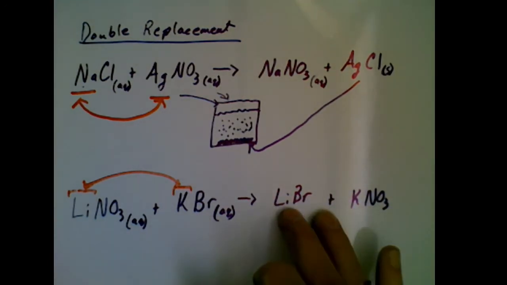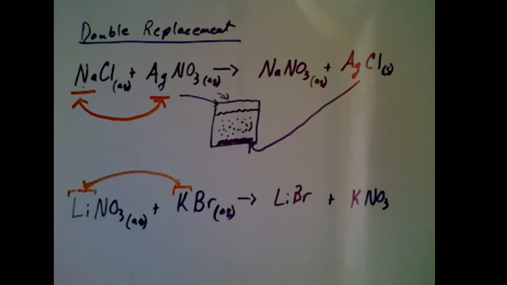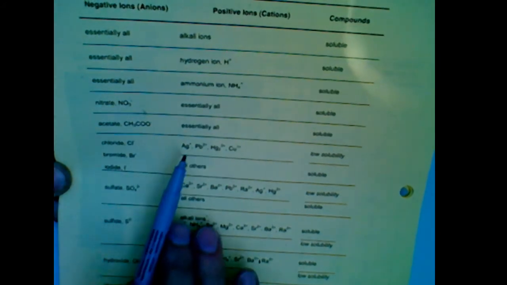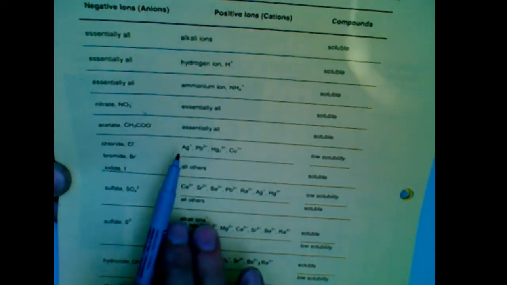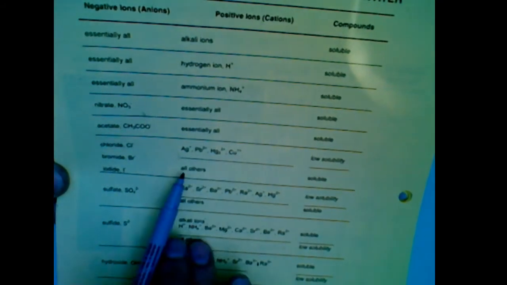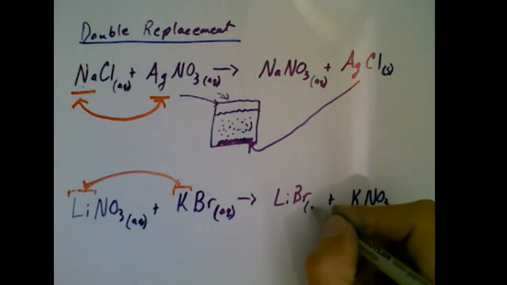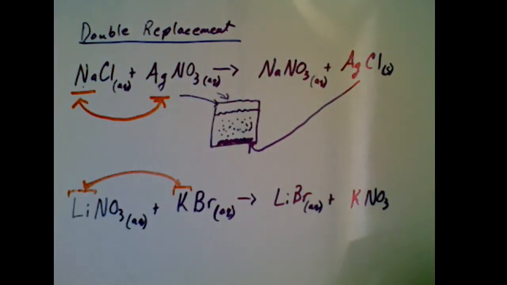Now, in order to see if this reaction would actually go forward, we need to check our solubility table. So, bromide with anything that is not lead, silver, mercury, or copper 1+, those are all going to be soluble. And so that means that lithium bromide is dissolved and is aqueous.